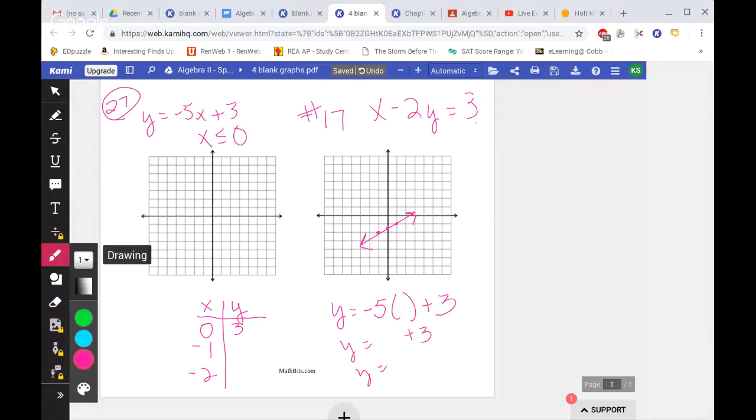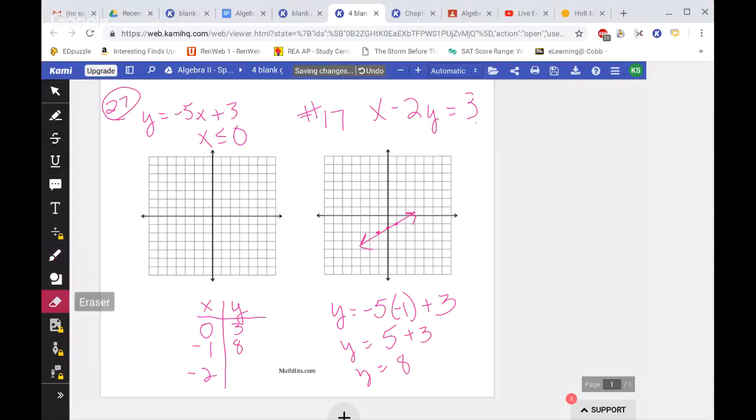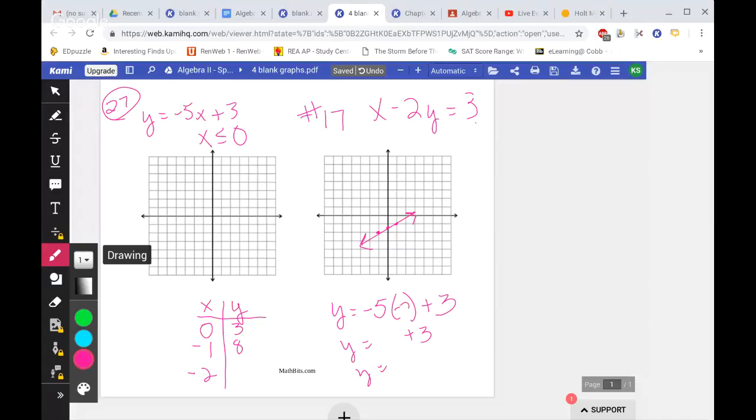When x is negative 1, negative 5 times negative 1 is a positive 5, and 5 plus 3 is 8. So when x is negative 1, y is 8. When x is negative 2, negative 5 times negative 2 is a positive 10, and 10 plus 3 is 13.